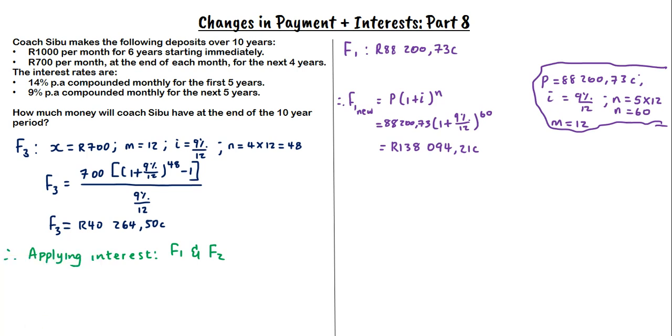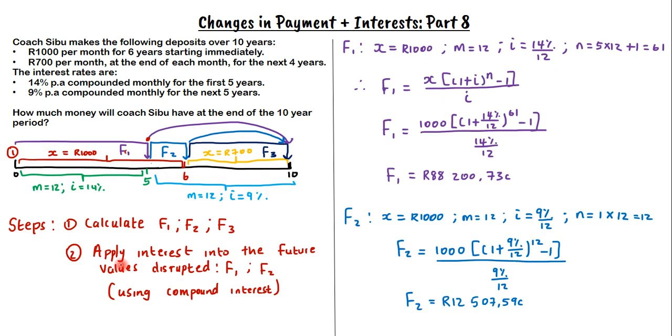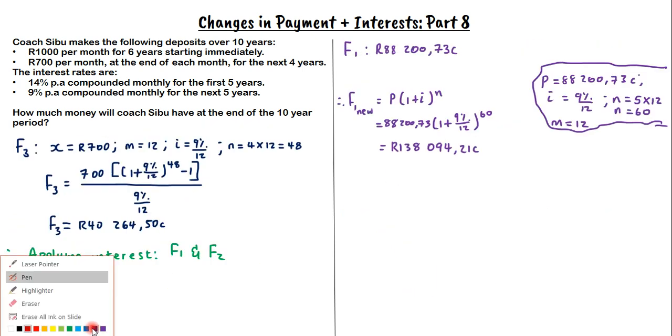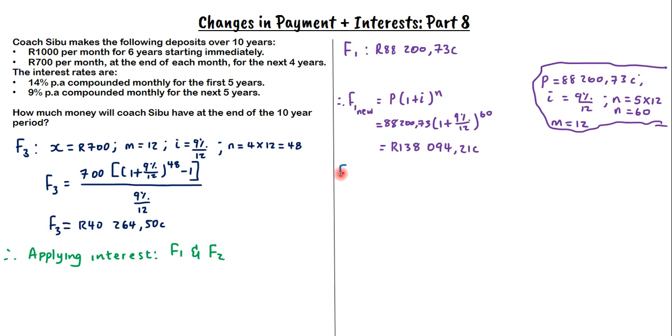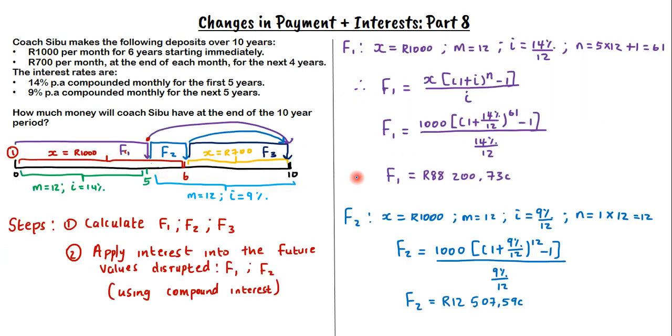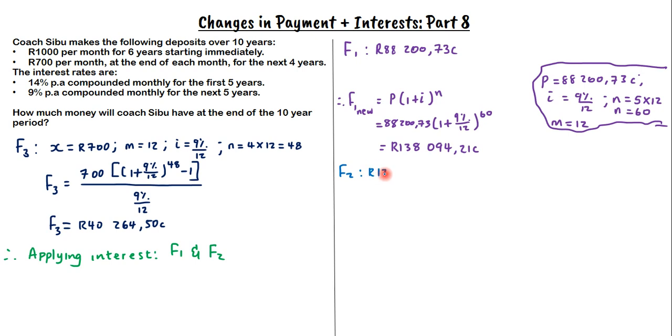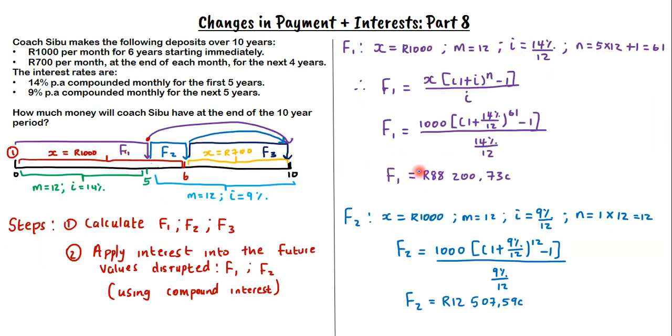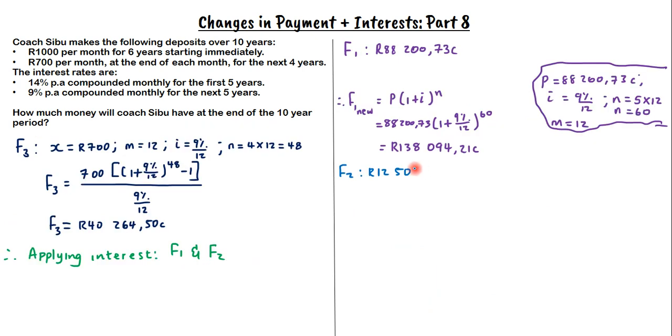So for the second future value, let me see which color we had. So we had that color. All right, so the second future value was 12,507 rands, 59 cents.